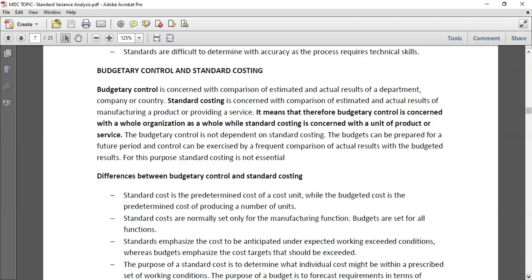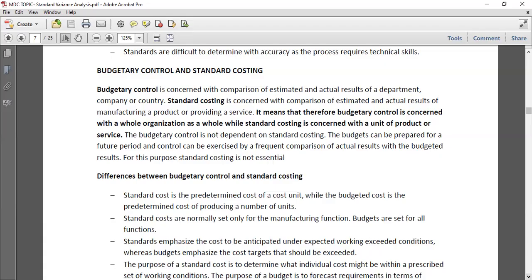Now, standard costing is trying to make a comparison of the estimated and actual results of manufacturing a product or providing a service. So it is more concerned with just a unit of the product, while budgeting is concerned with the whole organization, okay? So that is very key.